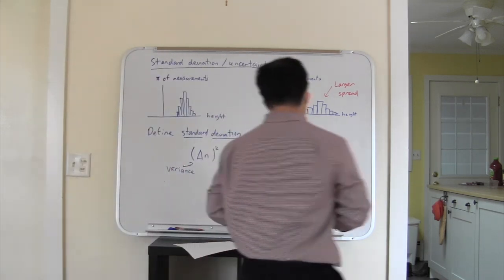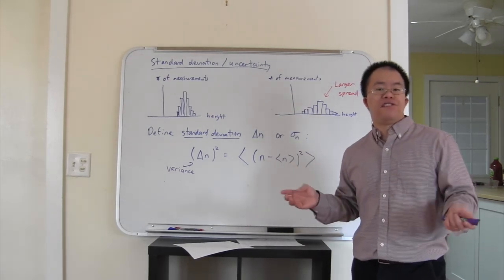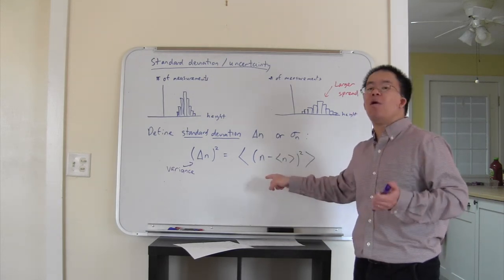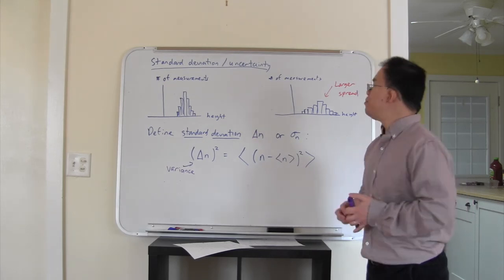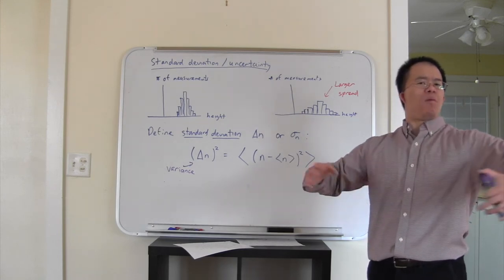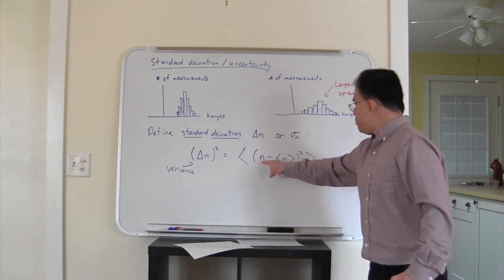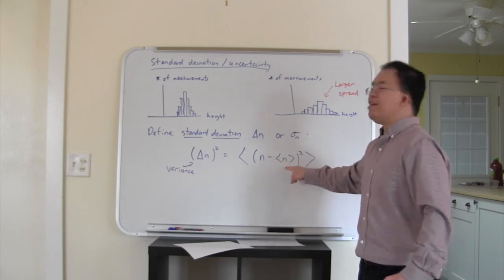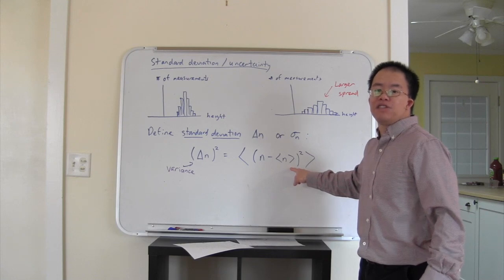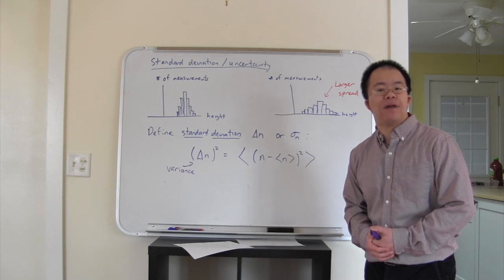So if I just try to average n minus the average value of n, I'm going to get 0. What I need to do instead is to square this, which gives me something that's always positive, and then I can meaningfully relate this to the width of my distribution, right? So for a really wide distribution, you might imagine how you'd get these larger differences between n and its average value, whereas for a skinny distribution, this thing here might be small, which is why the standard deviation is a useful measure of the width.